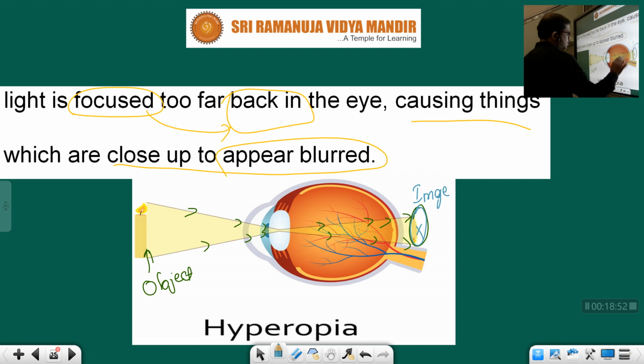But where should it fall, children? On the retina, right? The image should fall on the retina, but where has it fallen? At the back of that retina. Due to this, things which are near we can't see. Blur images. The images of the objects which are near to us will be blurred.